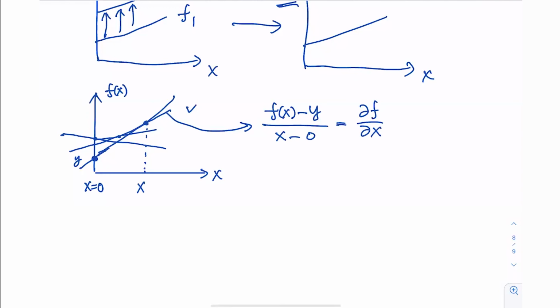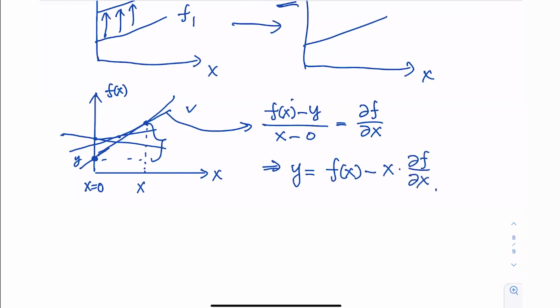Because the difference in y is just f of x subtract y, and the difference in x is x minus 0. So from here you can uniquely construct that y is basically f of x subtract x times partial f partial x. Okay, so this is for this simple single variable expression.